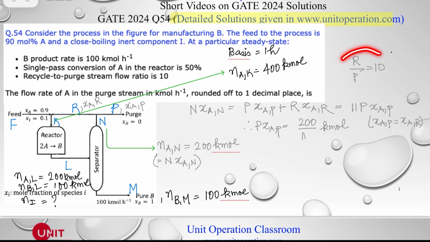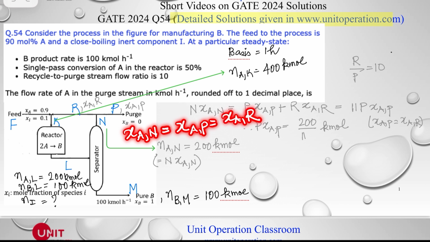Now, we know it's given that R over P, the flow rate of the recycle to the purge ratio, is equal to 10. And also we know XAN, that means the mole fraction of A in the N stream, is equal to the mole fraction of A in the P stream, which is equal to the mole fraction of A in the recycle stream, and the same is true for the inert also.